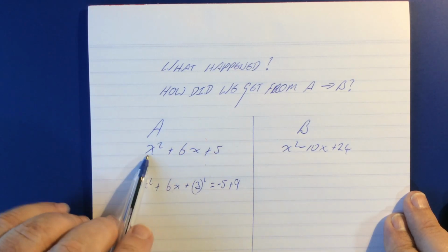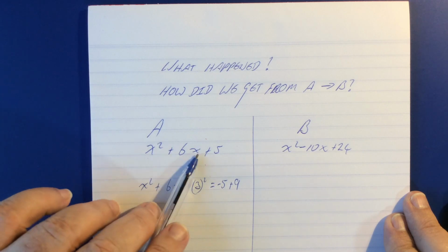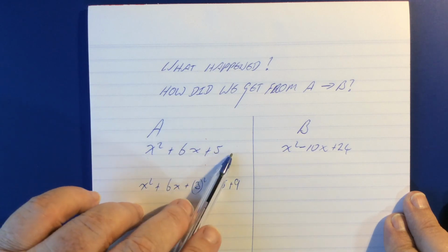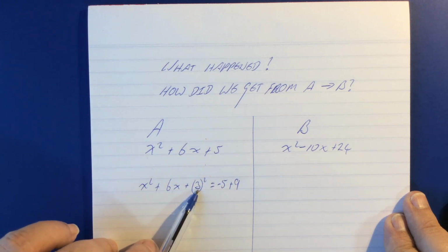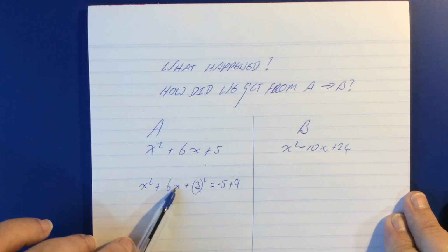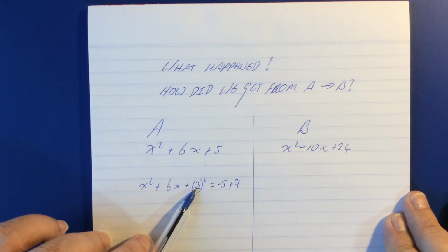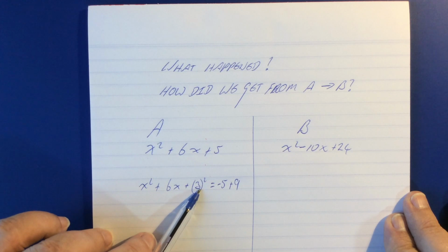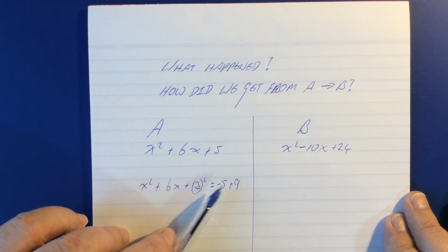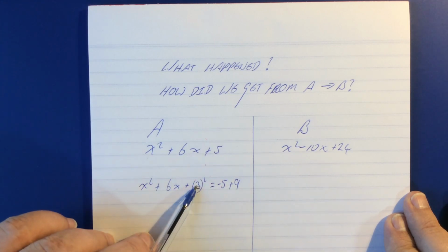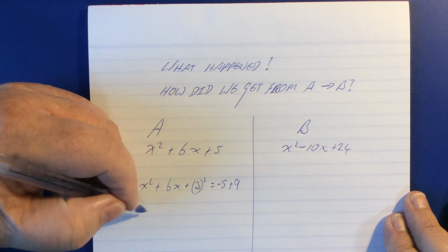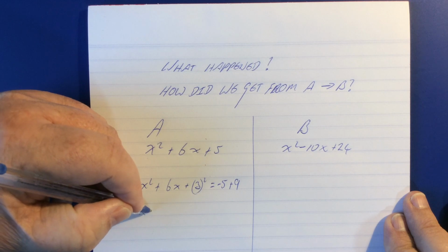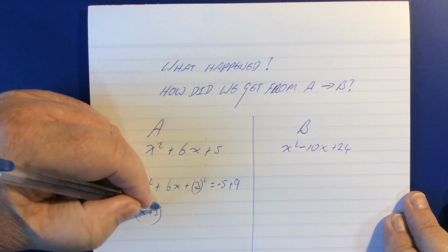I've made this part of this expression equal 0. I've moved this across to here, and so we get x squared plus 6x plus half of 6, all squared, and that equals negative 5 plus 9. We added 9 to here, so we add 9 to here. And what we wind up with pretty quickly is this.